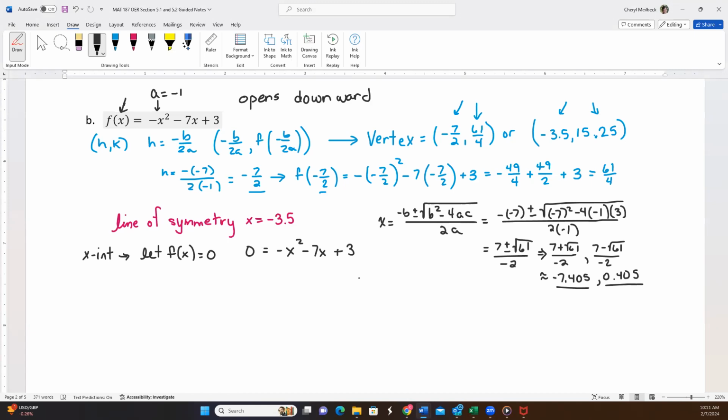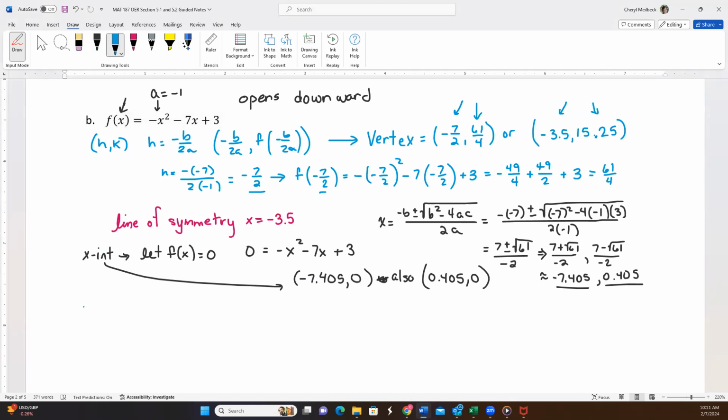All right, so let's write those as ordered pairs. Our x-intercepts are negative 7.405, 0, and the other point is 0.405, 0. All right, we're getting there. Now we just have the easy stuff left.